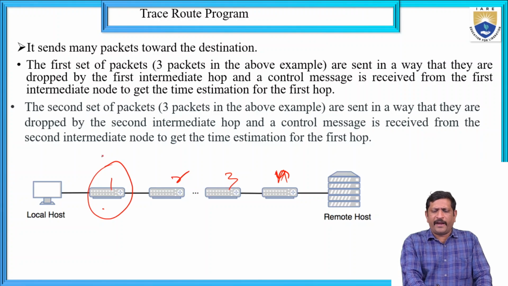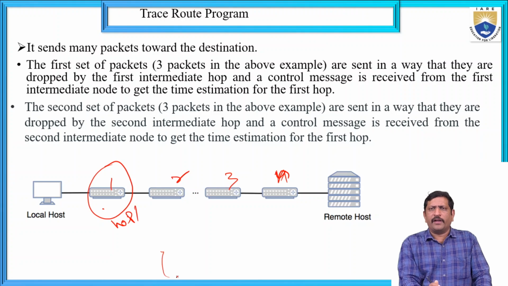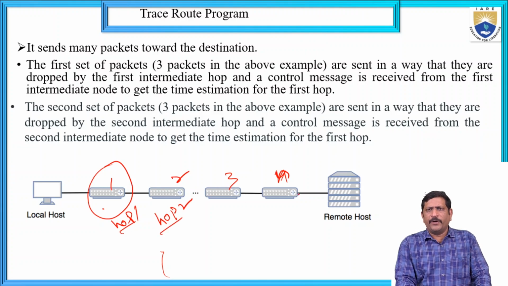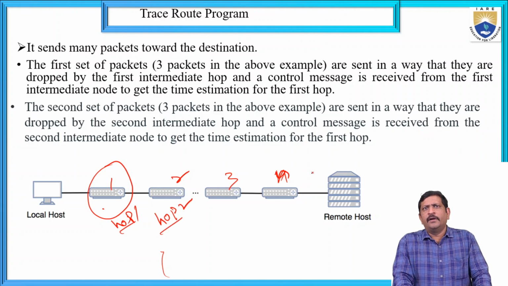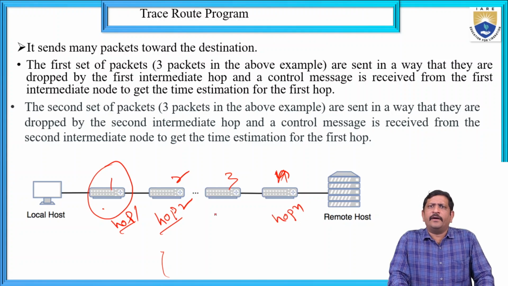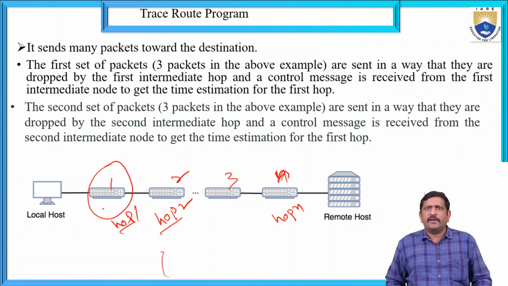The first set can be dropped at hop 1, the second set at hop 2, up to the nth set of packets, which will be dropped at the nth hop. Like this, we can transfer messages from the source station to the destination station.